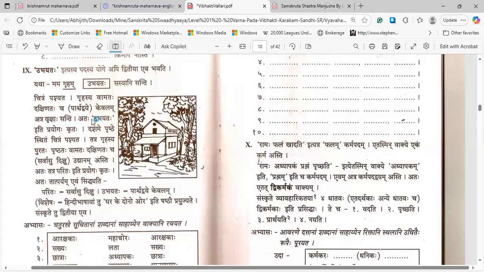Okay. Ataha, therefore, Ubhayataha iti prayogaha kritaha. So, they have used the word Ubhayataha. So, on either side, when there is something, we can always make sure that we use the word Ubhayataha.